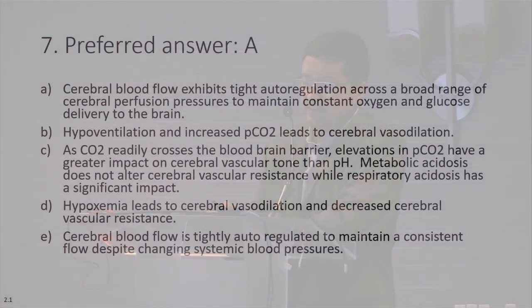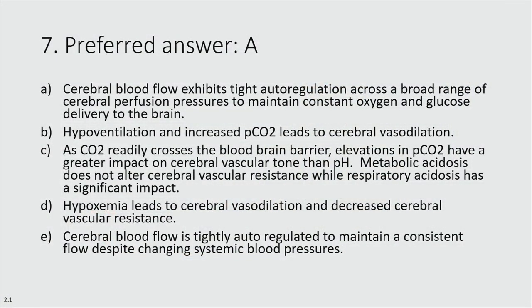But the difference is that the brain controls resistance in the opposite fashion that the lungs control resistance, and hence the different choices. So let's get to the choices, and the preferred answer is A, that cerebral blood flow exhibits tight autoregulation across a broad range of cerebral perfusion pressures to maintain constant oxygen and glucose delivery.